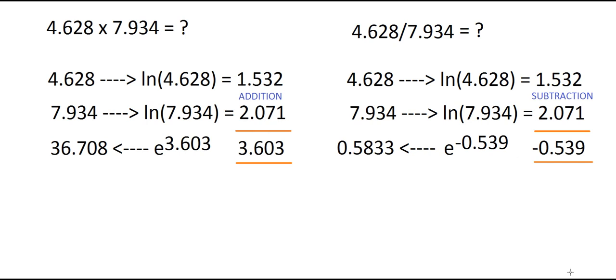Haven't finished yet though. To finish the problem I have to do that inverse step where I do the anti-logarithm, or the exponential if you like, raising e to the power of 3.603, and I would get the number 36.708. We can tell this is a reasonable answer because some number a little bit less than 5 times a number a little bit less than 8 is going to be a number a bit less than 40.